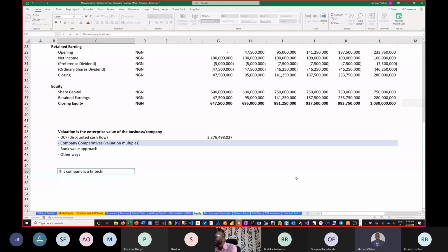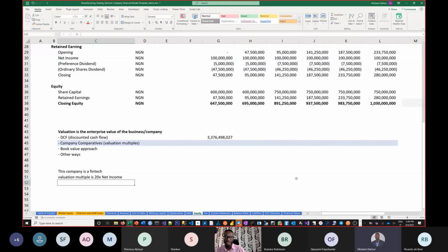That's what is raining now. It's a fintech, right? And let's say the valuation multiple is 20 times net income.